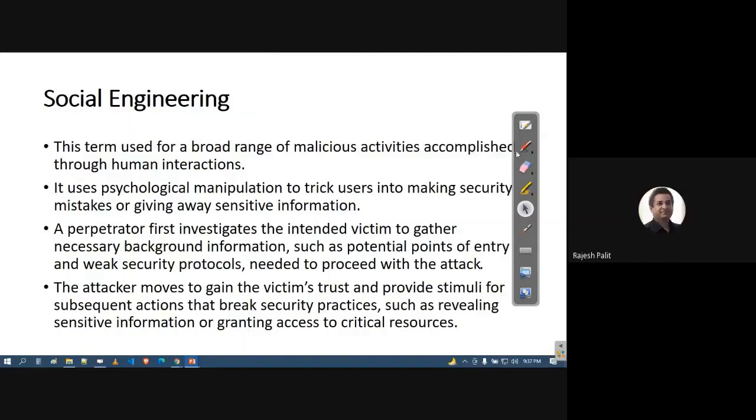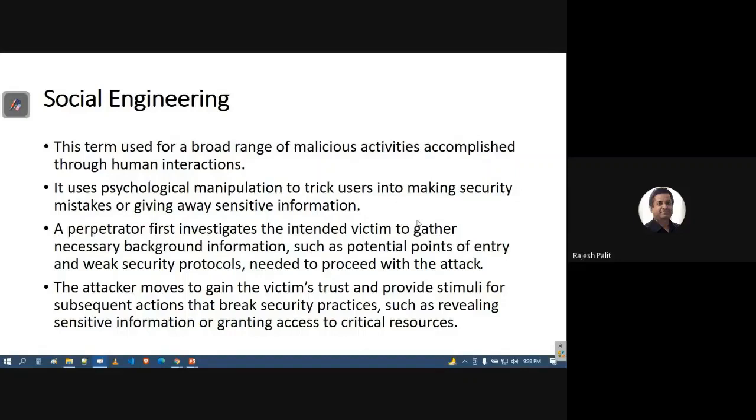Okay. So what is social engineering? You know these things, but just to become familiar with the terminologies: it is the term used for a broad range of malicious activity accomplished through human interaction. Somebody will physically approach you, talk to you, give you something, attract you, or communicate with you through email or over telephone.